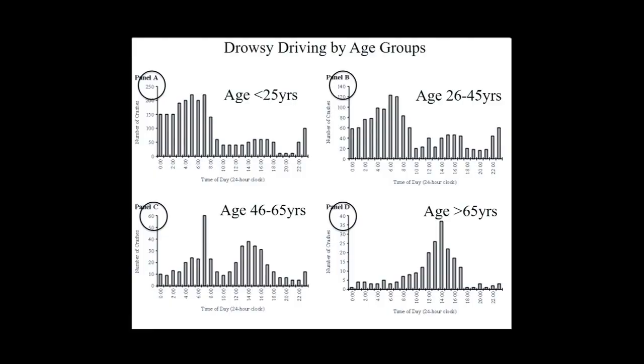The other thing to notice is that the top number on the y-axis is 250 for crashes, and this is number of crashes for, I think it's 10,000 people, and this is less than age 25, whereas it's down to like 40 in greater than 65. So the difference is much higher in that earlier age group that we talked about.